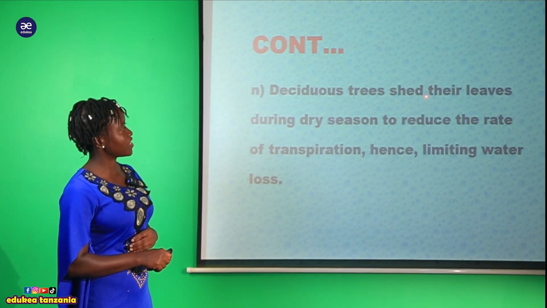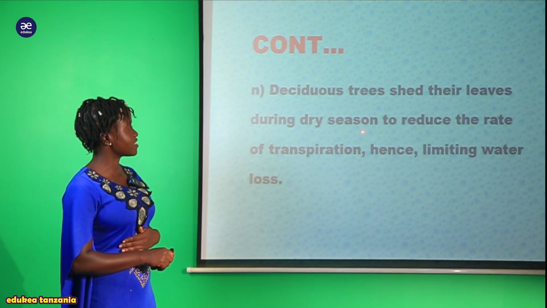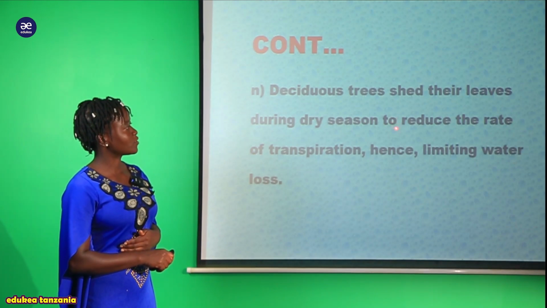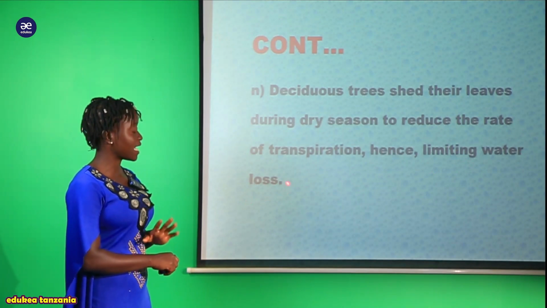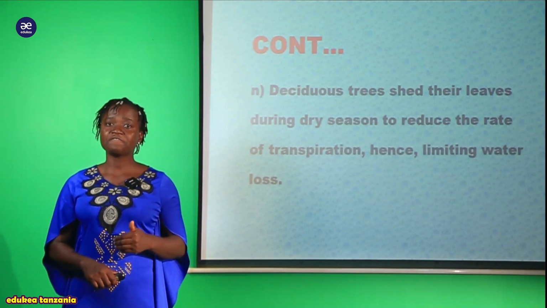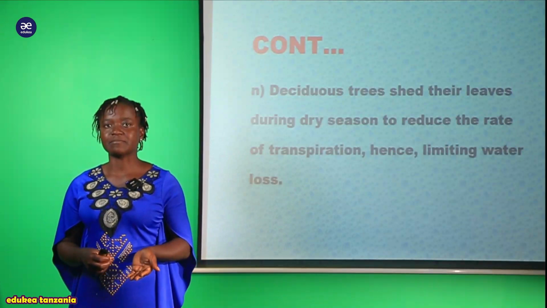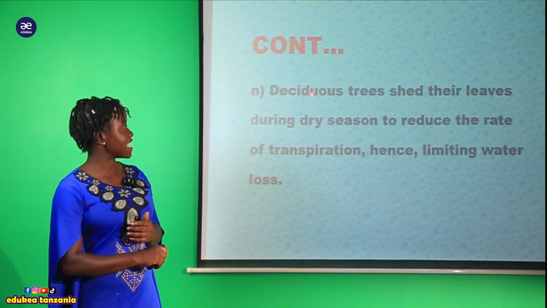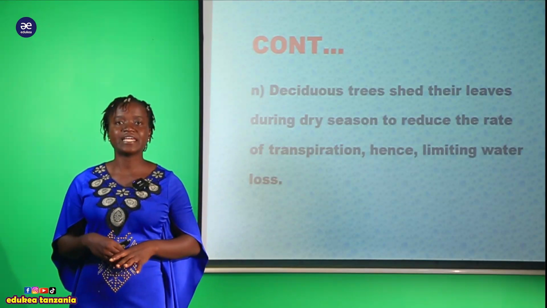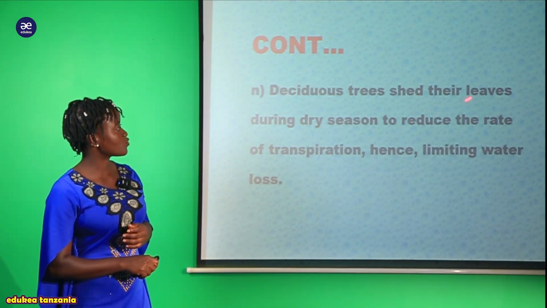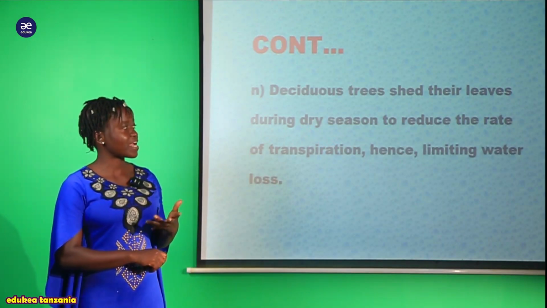Deciduous trees shed their leaves during dry season to reduce the rate of transpiration, hence limiting water loss. So we have a kind of organism ambao tunawaita deciduous trees. They have ability to shed out their leaves during dry season.